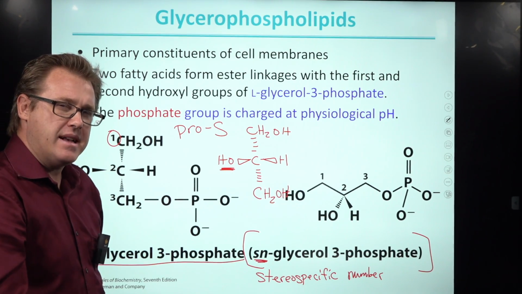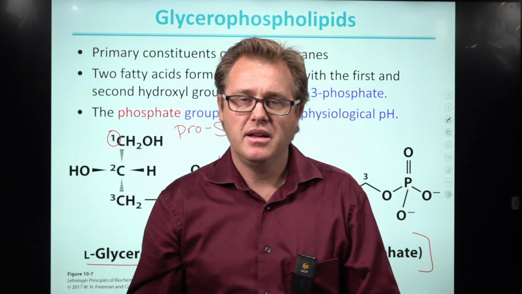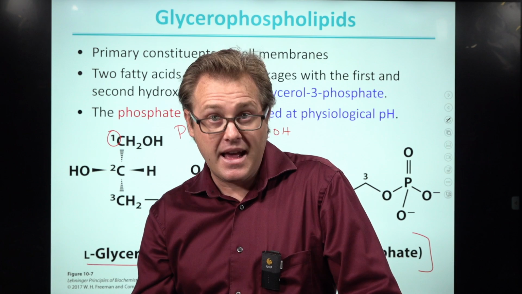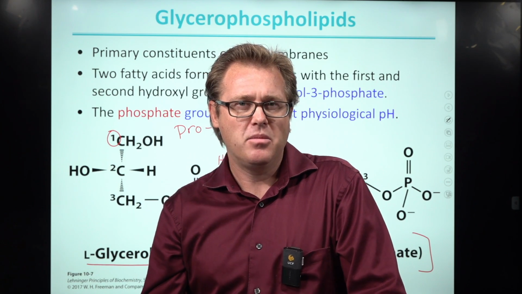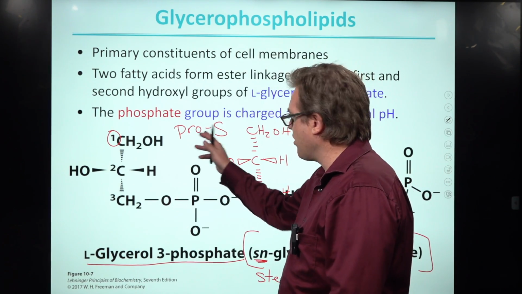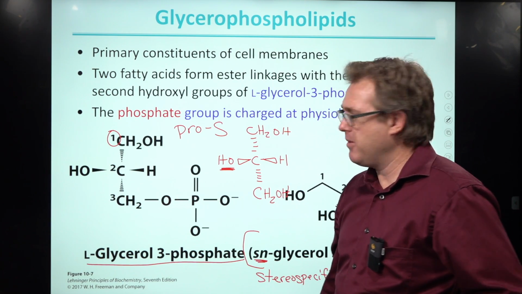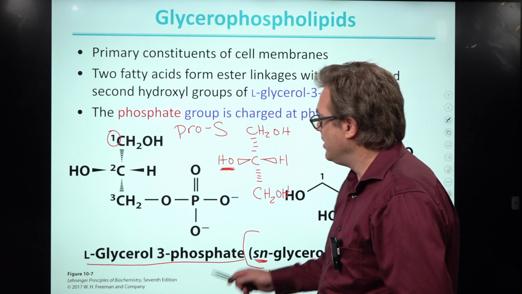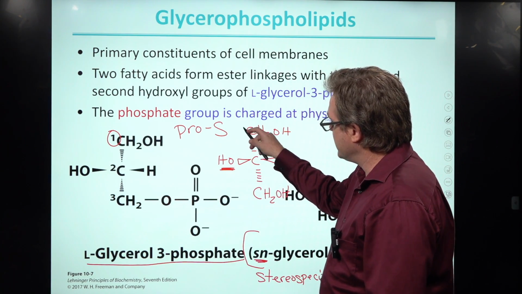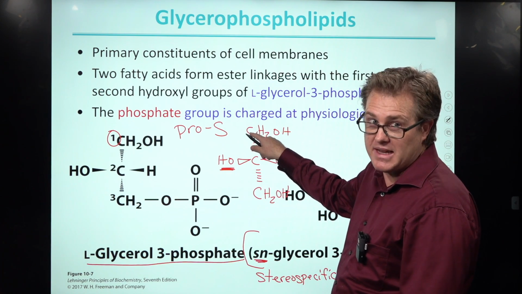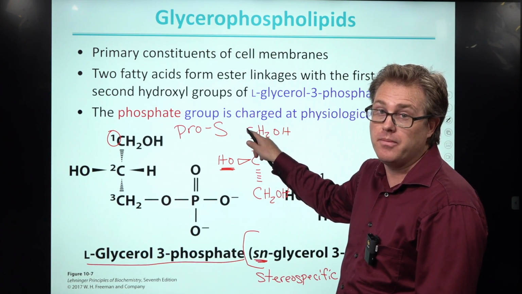Now, in organic chemistry, we have seen the configurations S and R. We're familiar with that. But now we have this thing, pro-S and pro-R. I'll talk about what that is in a second. But by definition, when you look at the glycerol backbone, why is this carbon carbon 1? Because that's the pro-S arm.